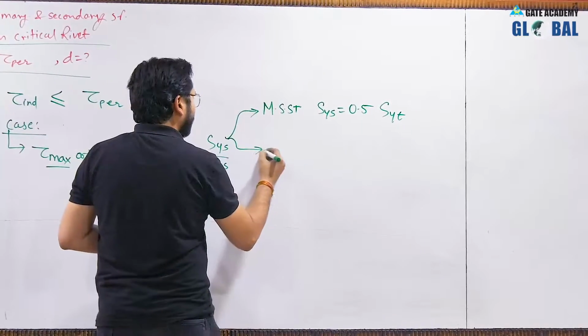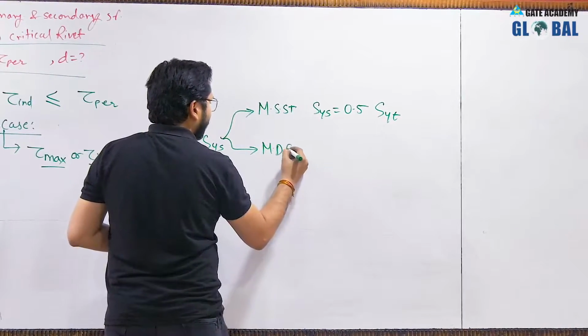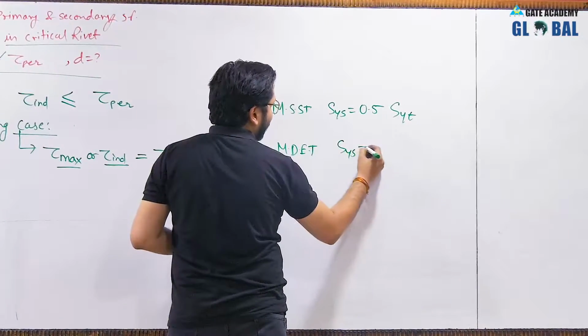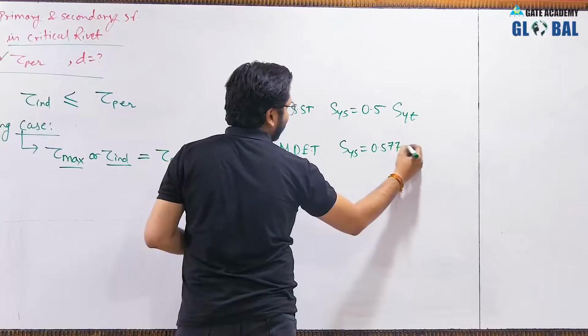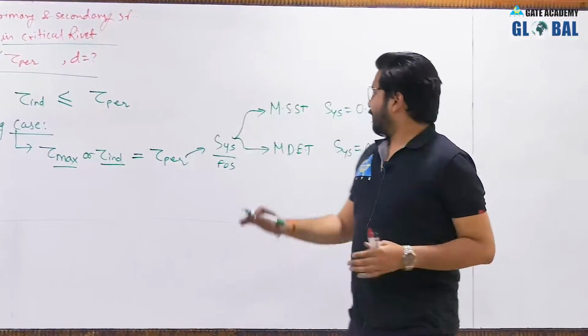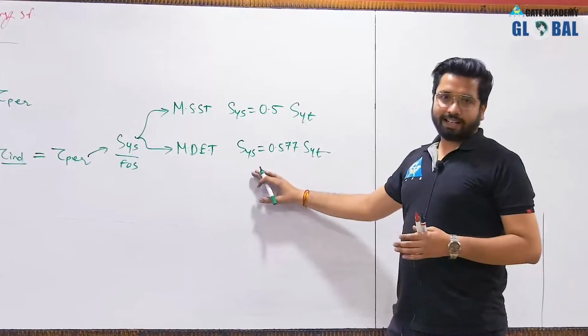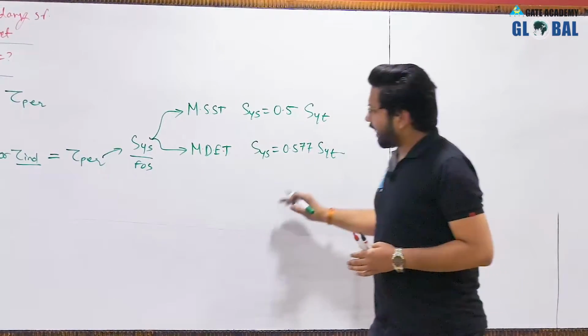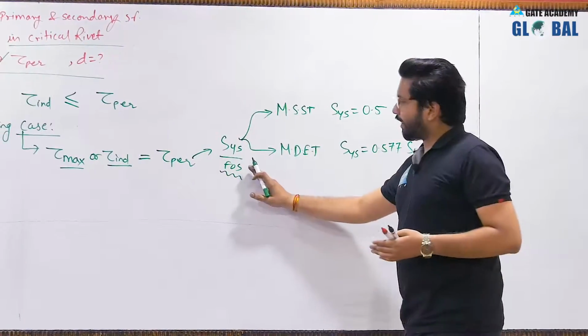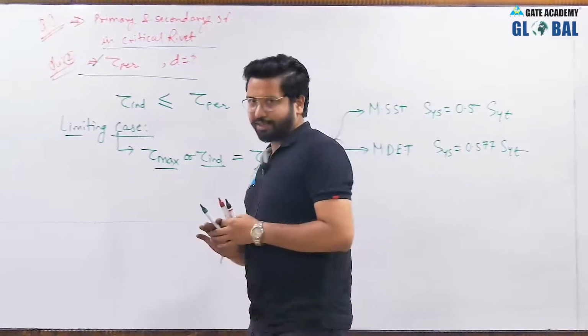If you are using the maximum distortion energy theory, MDET, then SYS will be equal to 0.577 times SYT. This will be the shear strength of the material, and if the factor of safety is given in the problem, just divide these values by the factor of safety, and then you will have the permissible shear stress.